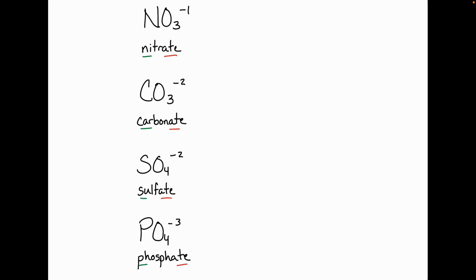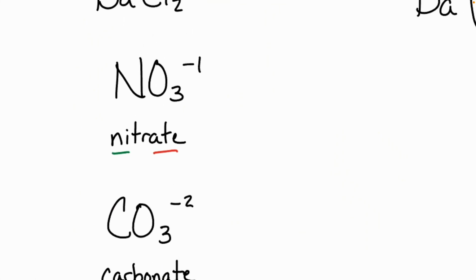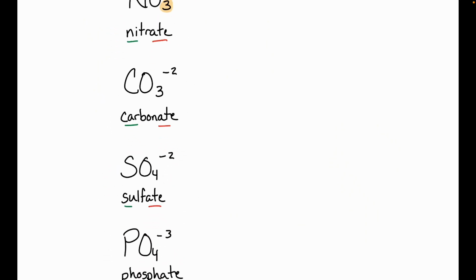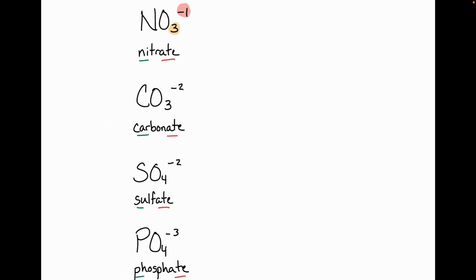The tricky part is going to be memorizing that nitrate always has 3 oxygens and a -1 charge. That's really what's different about these polyatomic ions that we can't just get from the name alone. From a name like carbonate, I know it's going to be carbon. They all have oxygens. The real trick is how many oxygens and what's the charge. That's what you want to focus on when you're committing these to memory.